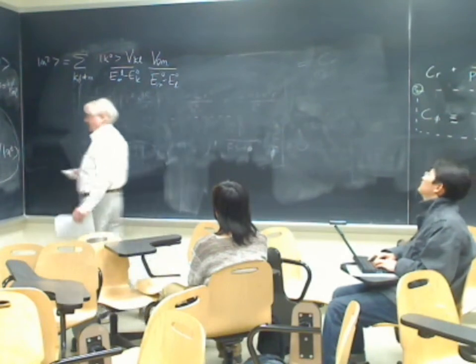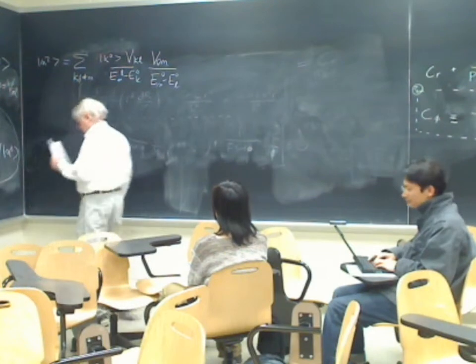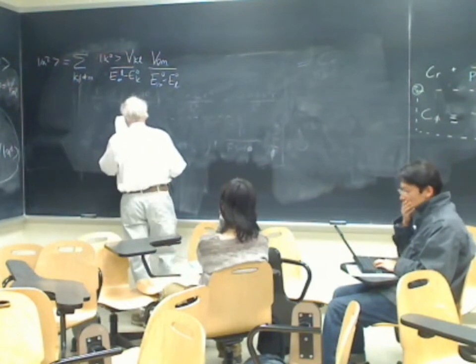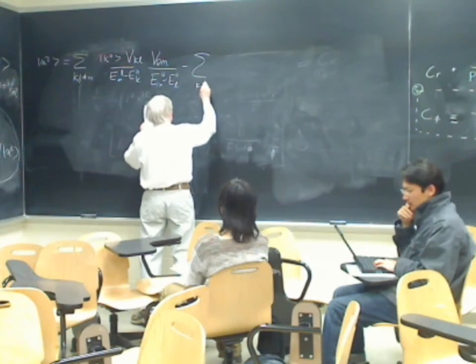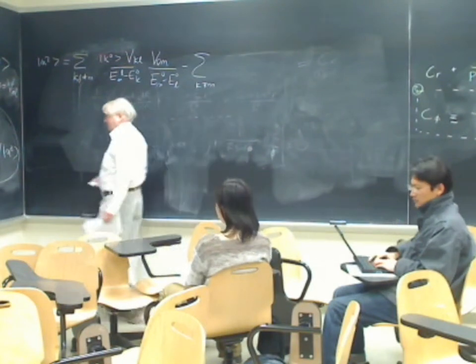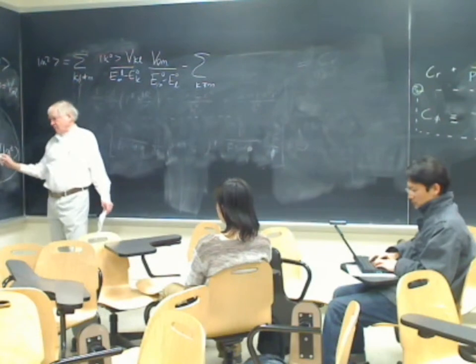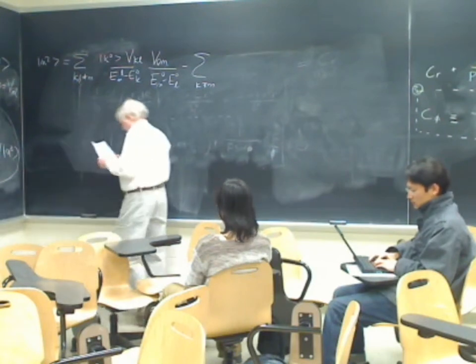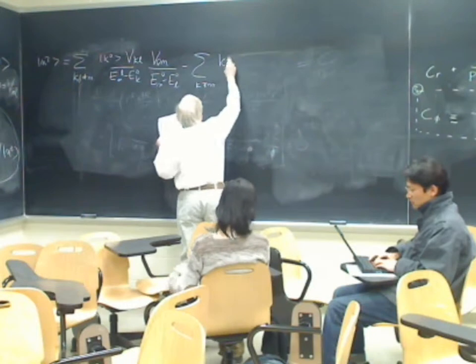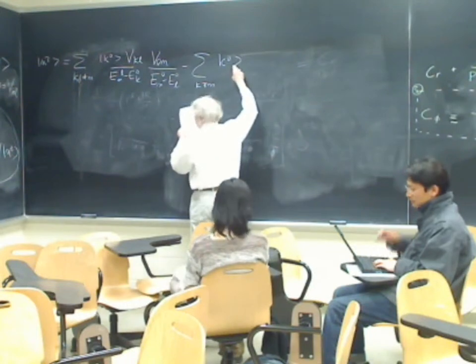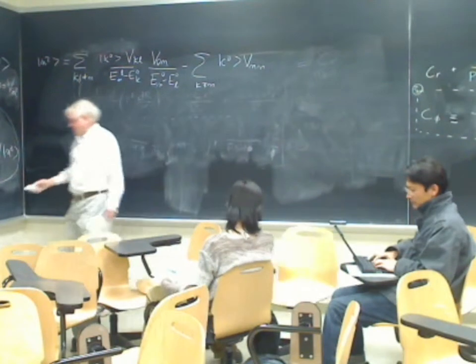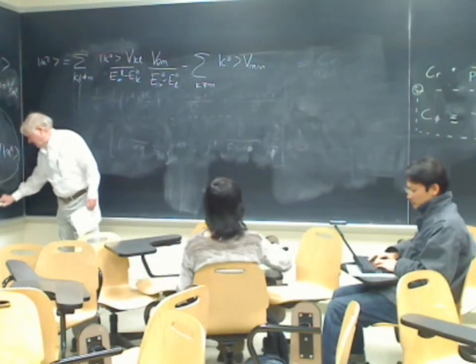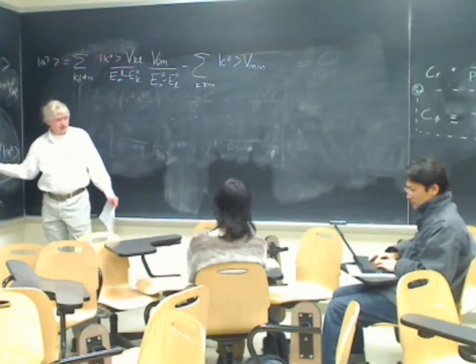So that's this term, and then it's going to be minus the sum K not equal to N. So in this term here, we just have one sum. And that gives us a K0 and VNN. This is the same thing as VNN in this notation.